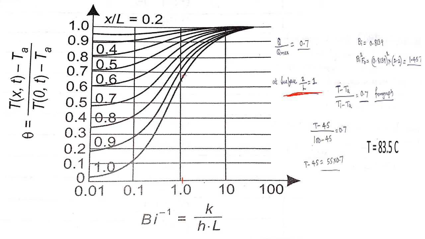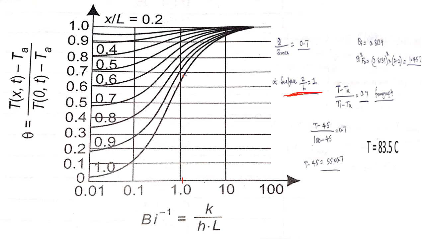Again if we come straight away horizontal towards this line, it will be around 0.68. Instead of 0.68 I have taken this as 0.7. There might be some error in reading the graph. This value can be 0.68 or 0.7, it will be okay, no problem. 0.68, 0.69, 0.7, it depends on how accurately you read the graphs.